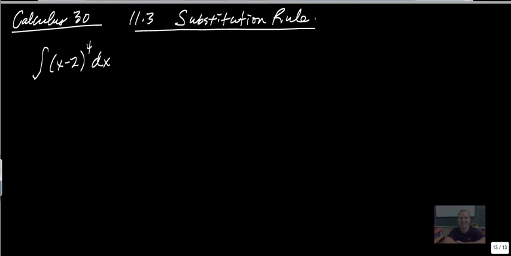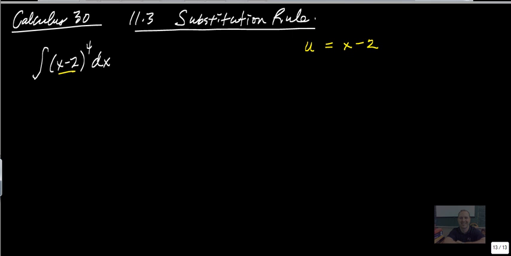What we do, first of all, is you would try and find out what the inner function is. You would identify the inner function, in this case, to be x minus 2. And so you'd let that equal u. U equals x minus 2. Okay? Now, it's going to be important for us to identify what du is, or the derivative of u.